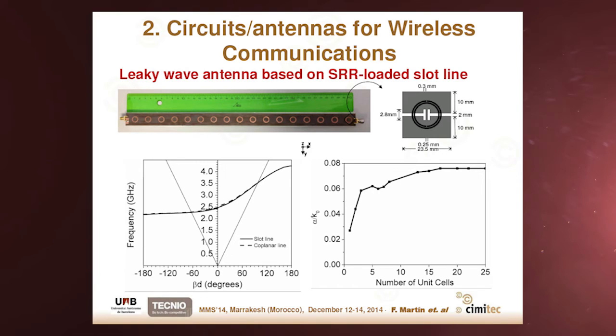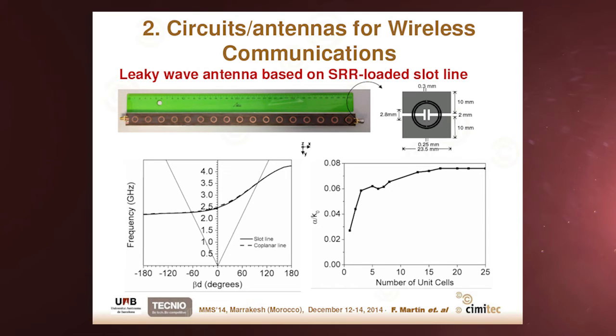And another possibility is to cut the CPW by the middle, and then we convert the CPW essentially into a slot line. And this is the kind of antenna I show you here, based on a slot line with a split-ring resonator. Okay? We have calculated the number of sections of this structure so that we achieve 90% of power radiated in the structure.